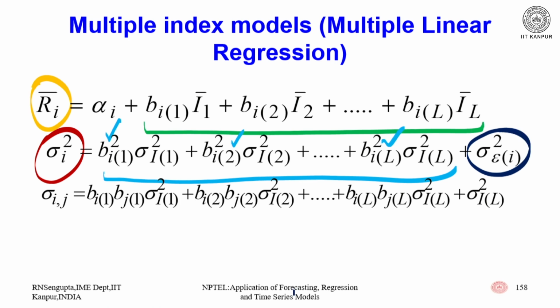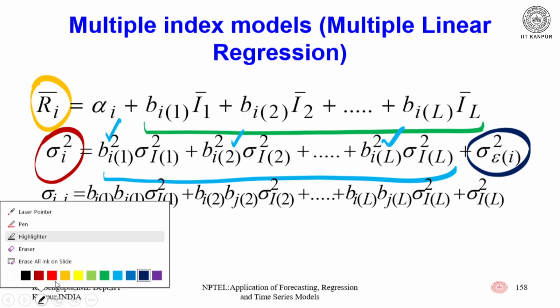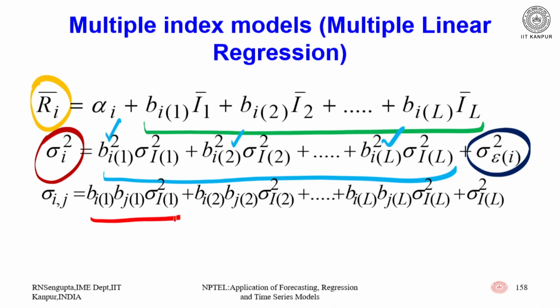And if I consider the covariance between the ith and the jth stock, then as you know it is given by the variabilities of each and every term. What I mean is this: the first part is b_i1 b_j1 into sigma square I1, which is the variability of the first x1.